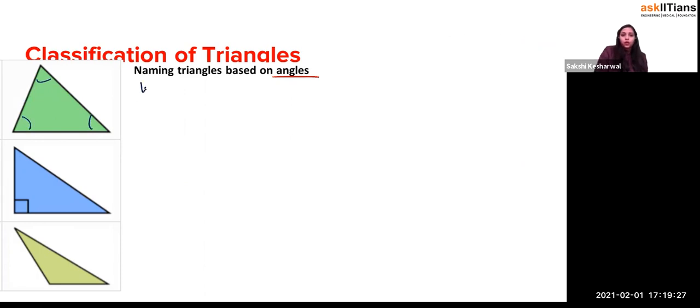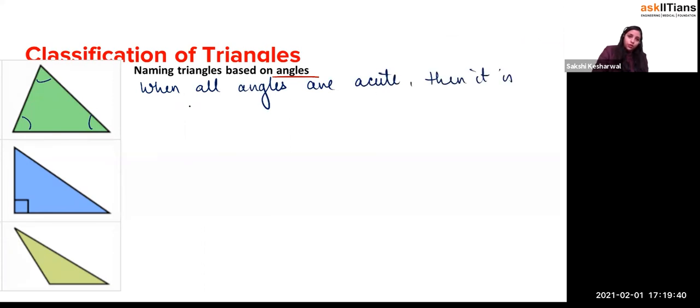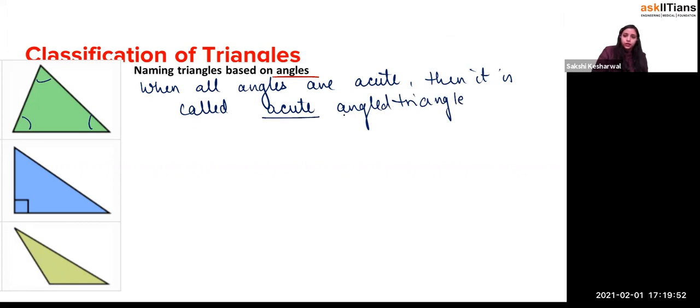Yes, when all angles are acute, then it is called an acute angled triangle, right? Acute angled triangle, when all the angles are acute.